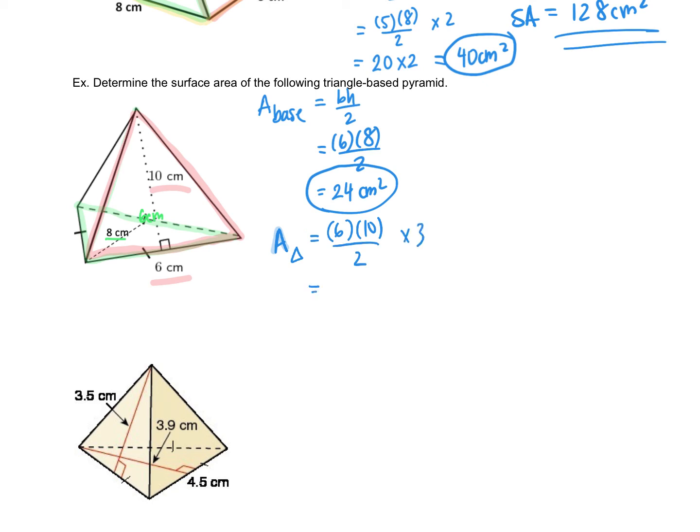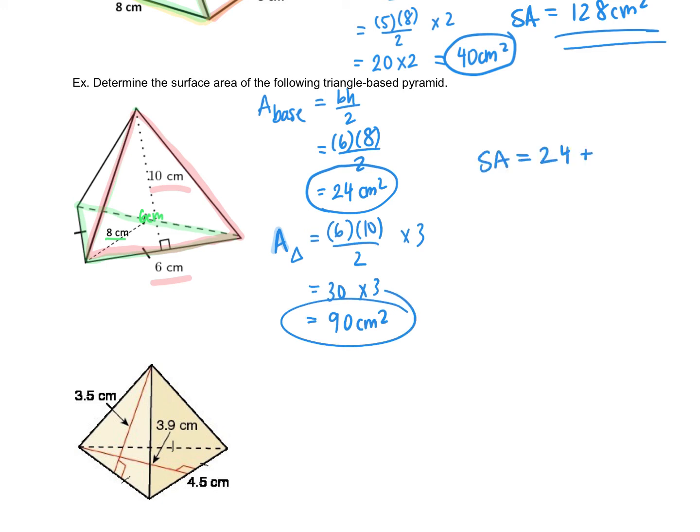And then I'm going to multiply by 3 because I have 3 of those identical triangles. 6 times 10 is 60, divided by 2 is 30. So that just means each of those triangular surfaces has an area of 30 centimeters squared. And when I multiply it by 3, because I have 3 of them, that's 90 centimeters squared in total. And then we can just add up.